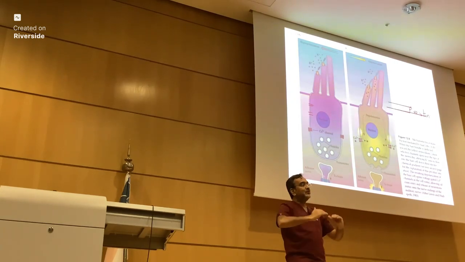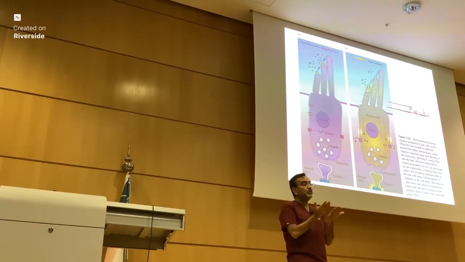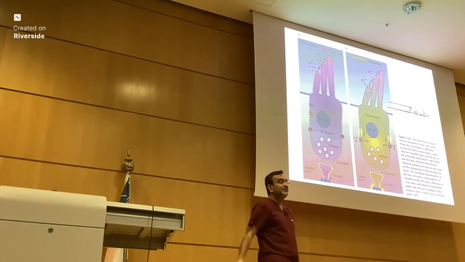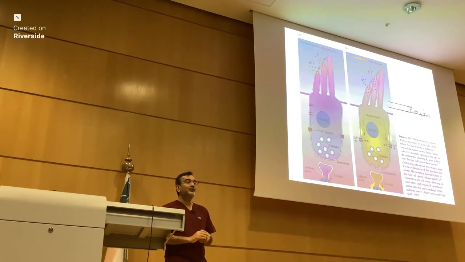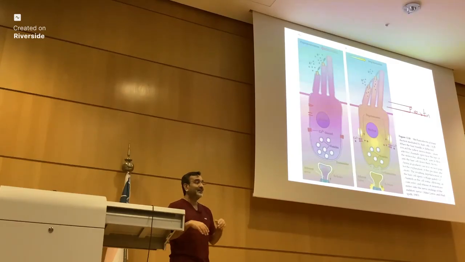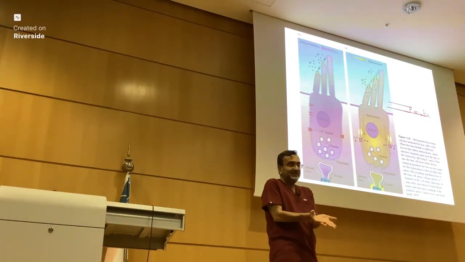As the outer hair cells, which are 3 rows of them, are pushed down, they would push the basilar membrane down. They would not allow the inner hair cells to move against the tectorial membrane, and there would be downward bowing of the basilar membrane.